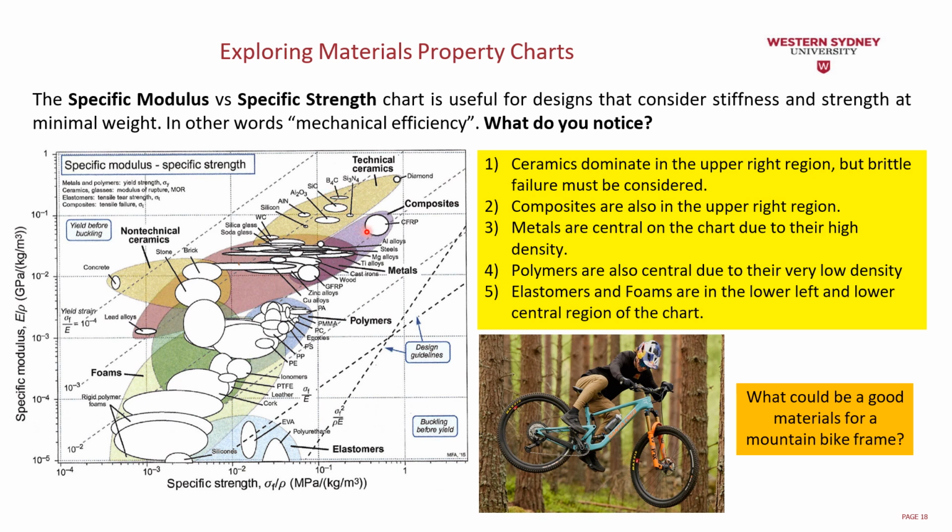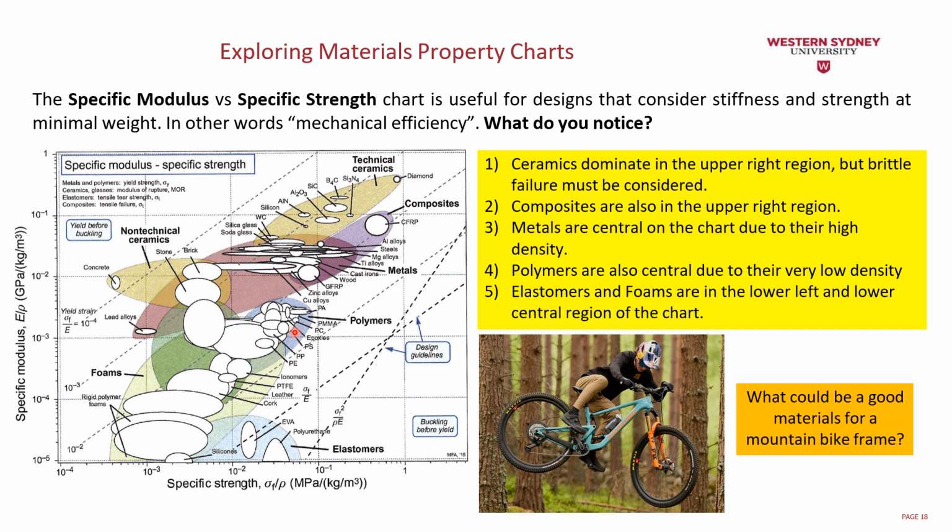The composites are also in the upper right region. The metals, the purple ones, are central on the chart due to their high density. The polymers, the blue ones, are also central due to their very low density.